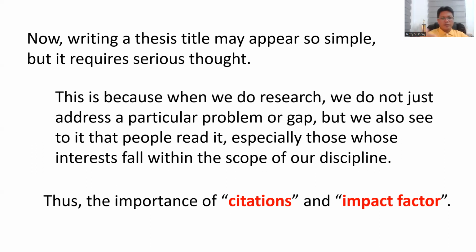For example, when master's and PhD students or researchers in general are doing research on a particular topic and doing a review of related literature, they have to look for keywords, they have to look for articles and related studies on the internet or in the library, and they use keywords when looking for those. So that's why we frame our titles properly, so that when scholars in the discipline are looking for related literature, there's a possibility that our paper will appear in the search engine, or will be found and eventually cited. Okay.